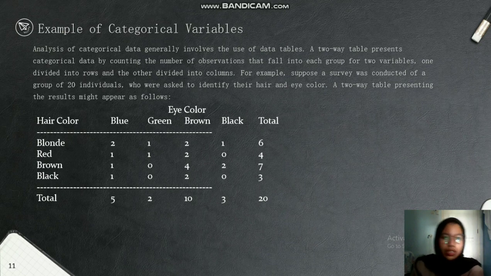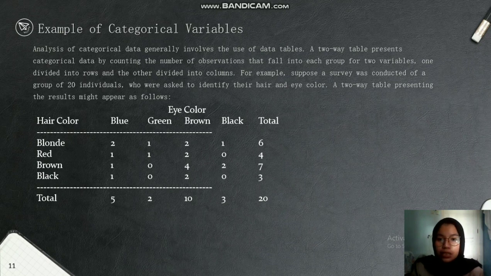Analysis of categorical data generally involves the use of data tables. A two-way table represents categorical data by counting the number of observations that fall into each group for two variables, one divided into rows and the other divided into columns.